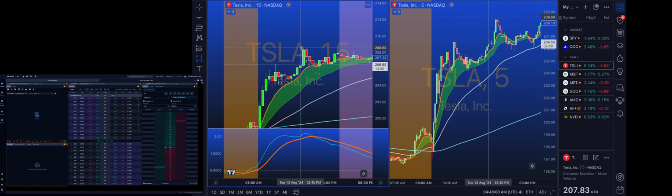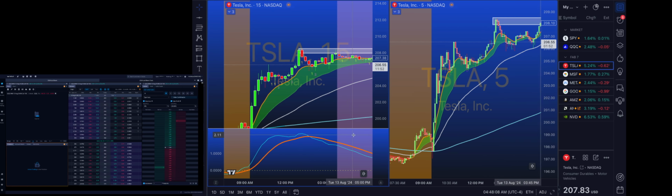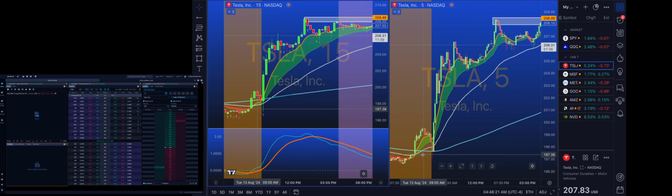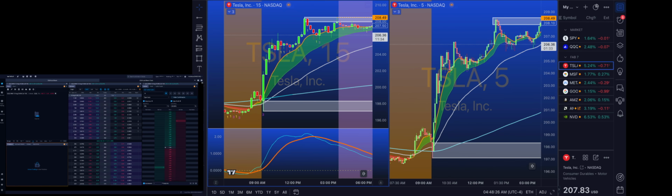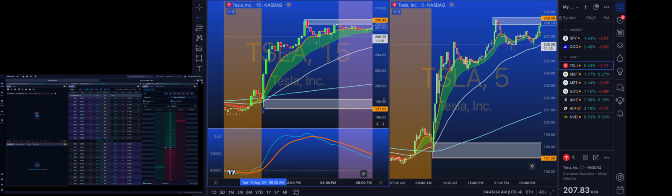I will be looking for calls with everything else setting up after price breaks 208.49, and for going short, I will be looking for shorts or put options after price breaks and holds 197.09.